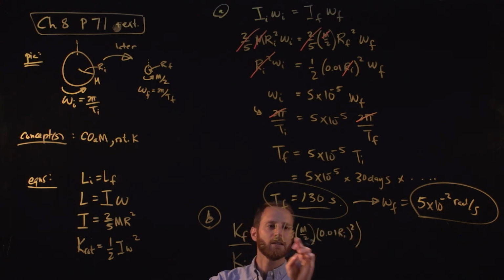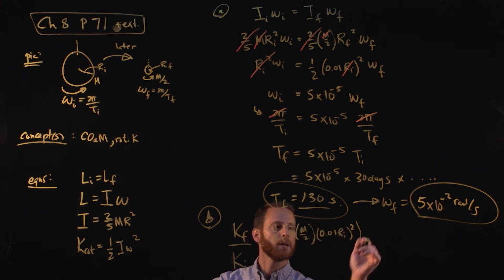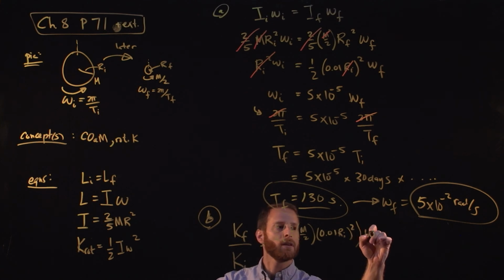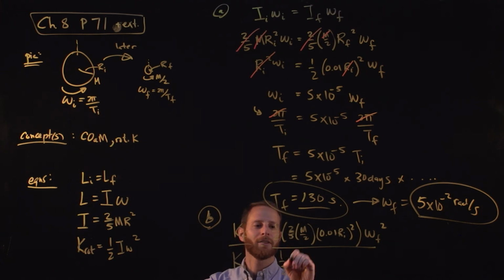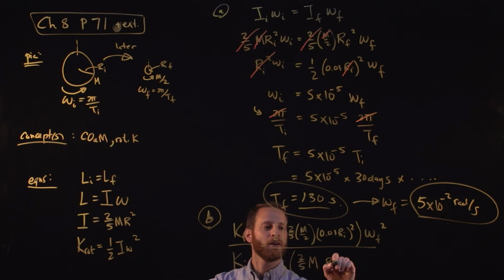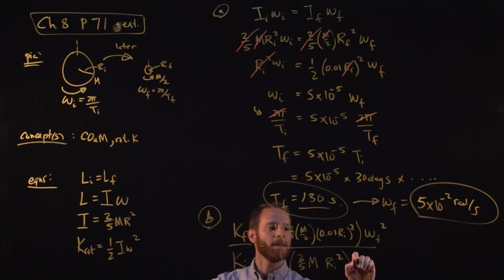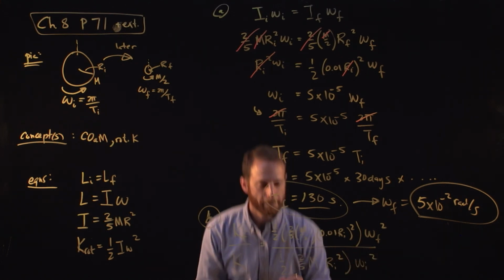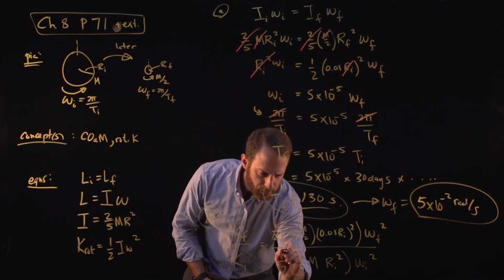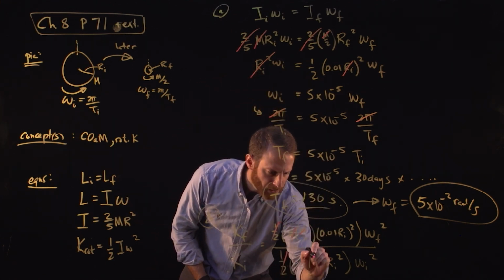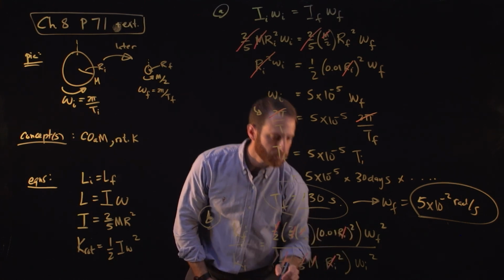Okay, that is the moment of inertia times the final rotation rate squared. Divide this by the initial, which is 1/2, the 2/5, the m, and the Ri squared, and the initial omega squared. Of course, the 1/2s cancel, the 2/5 cancel, the mass cancels, the R cancels.